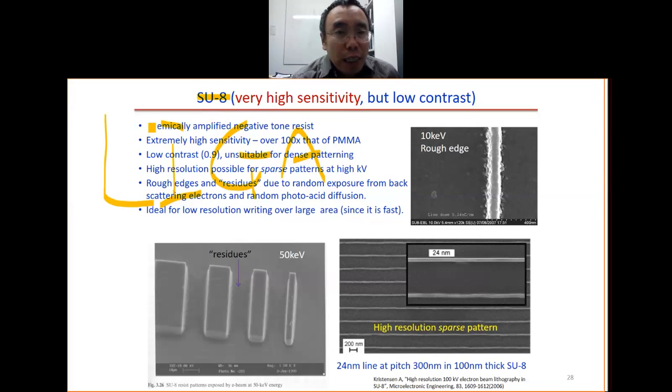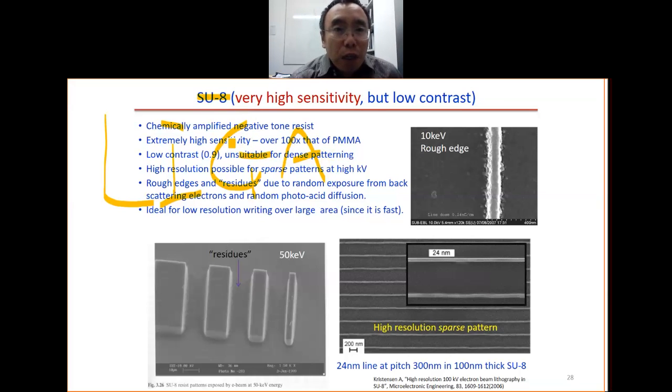We know that it is a chemically amplified resist. That means we need to bake the resist on the hot plate after the exposure to induce the chemical reaction. As a result, it is very, very sensitive. The sensitivity is 100 times that of PMA. For the PMA, we need 250 microcoulomb per square centimeter. For the SU8, we just need 3 or 4 microcoulomb per square centimeter.